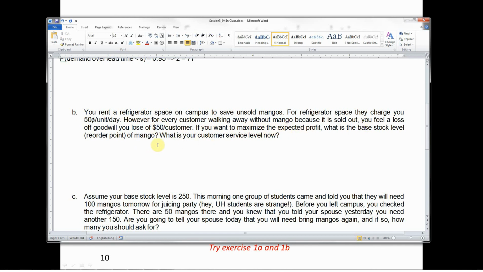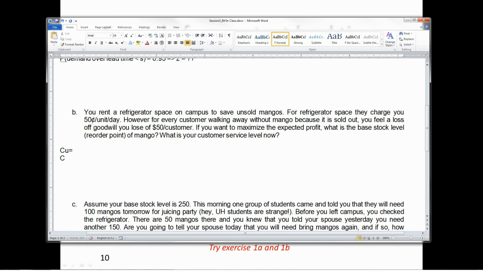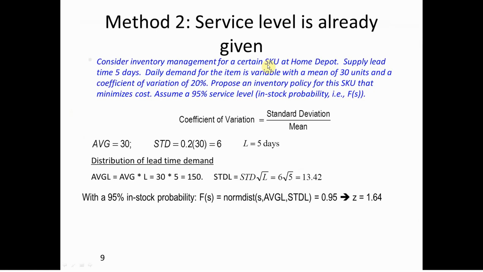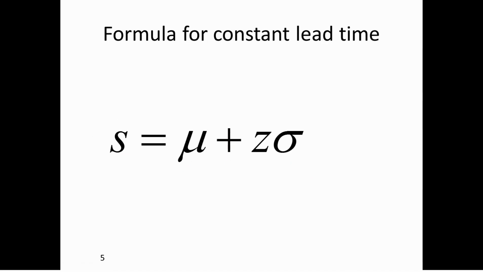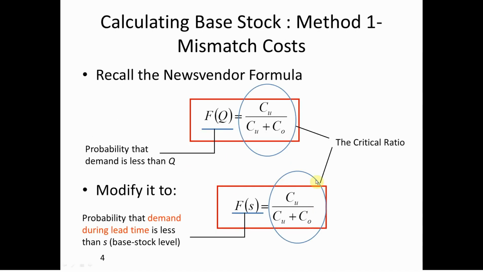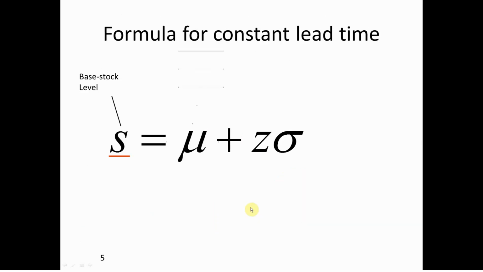So again, you're going to want to figure out the CU and the CO, and then figure out over the lead time, etc. So you're just going to use this one right here. Okay, figure out what S gives you that.